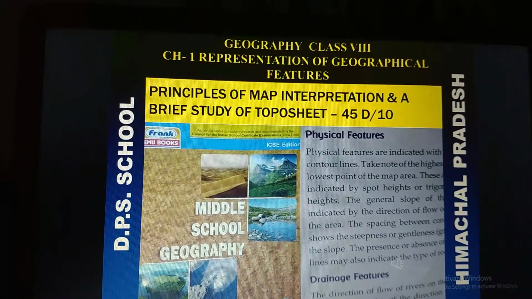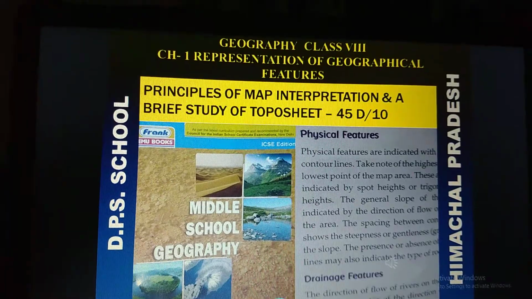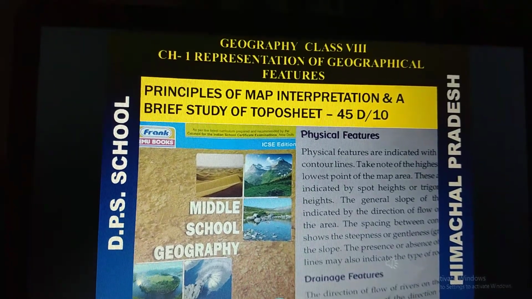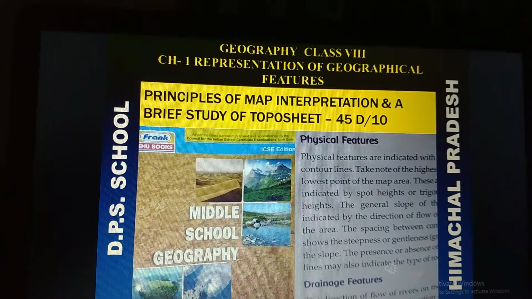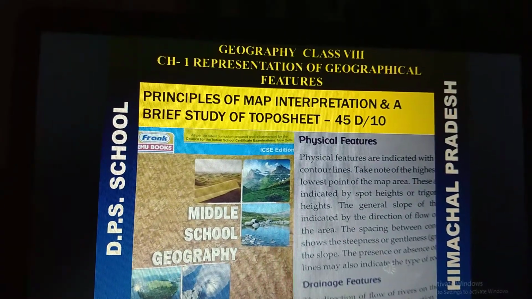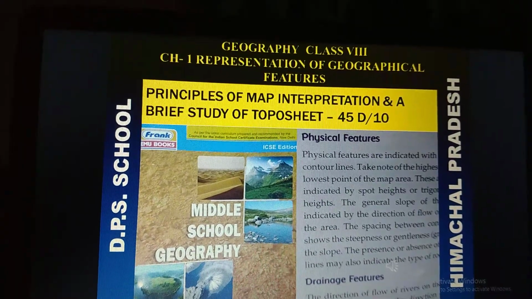The first is the temporary settlement, the second is the permanent settlement, the third is the slated settlement, the fourth is the dispersed settlement, and the fifth is the linear settlement.